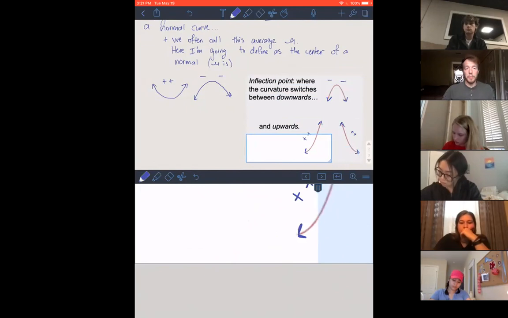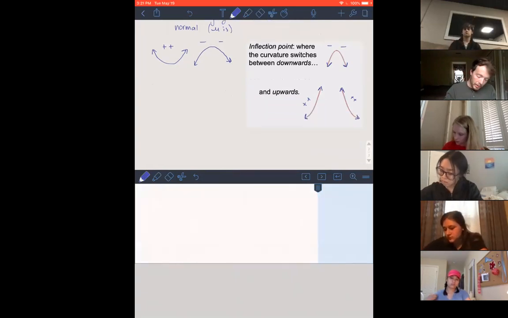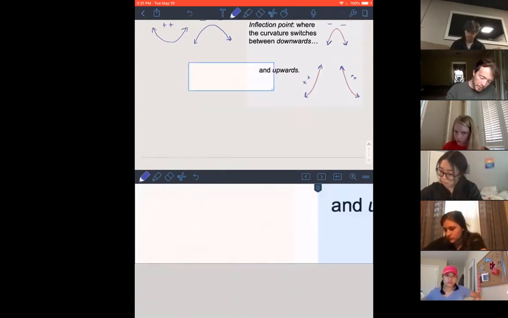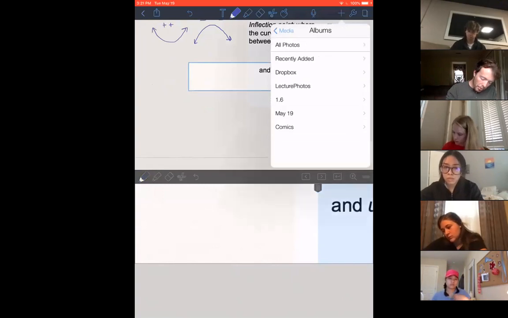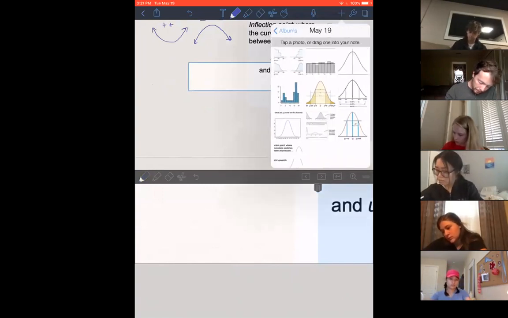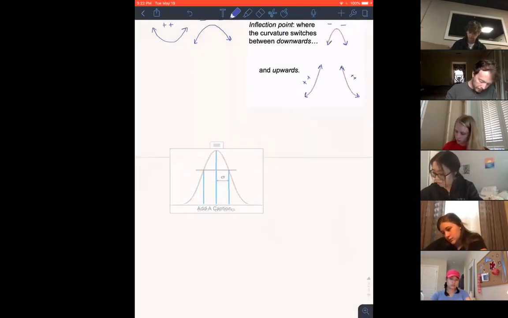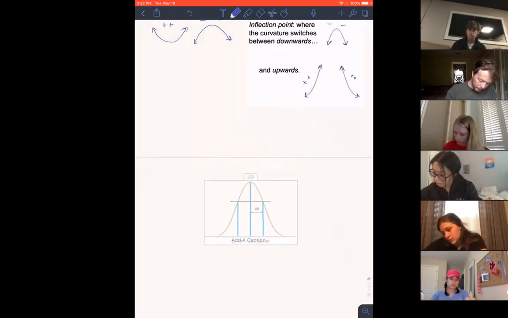So we call these inflection points, the points on the curve at which the curvature changes. And the reason I'm bringing these up is because the curvature on the normal curve has a very specific value.